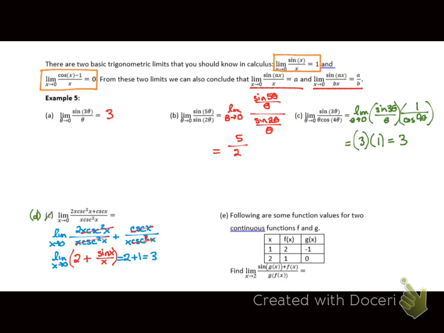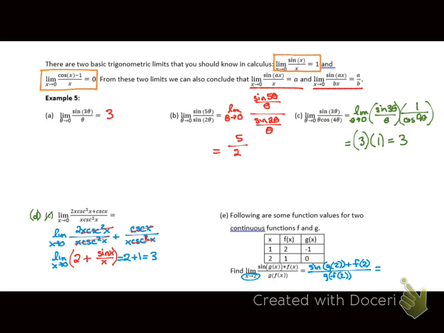Done. And there's nothing really tricky to part E, you're just plugging in numbers. So if I have sine of g of 2 plus f of 2, because I'm plugging in 2, because that's the limit we're taking, g of f of 2, and I take that and simplify it. I'm running out of space.